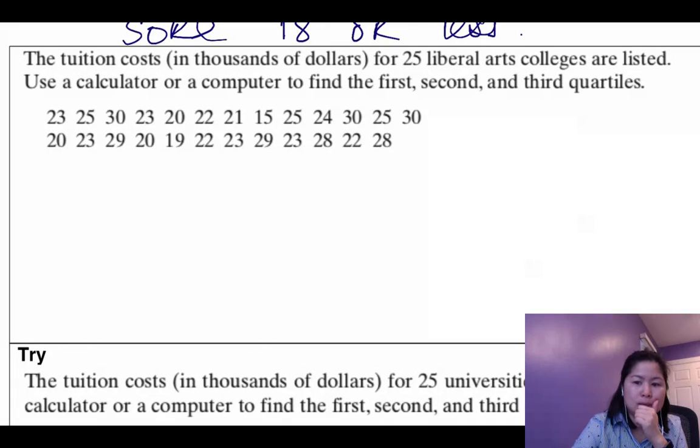What I need you to do, if you know how to calculate standard deviation using the graphing calculator, we're going to do the same thing. The only difference is we're going to look at different values.